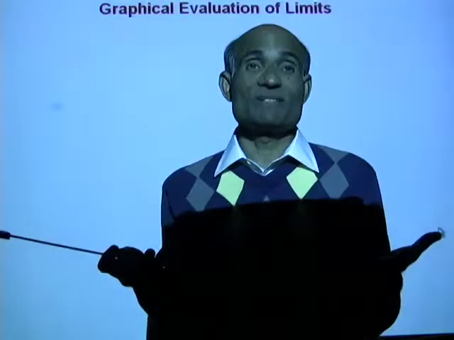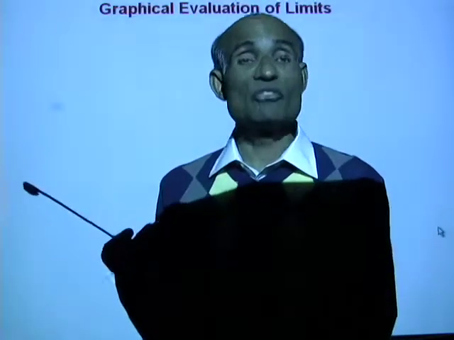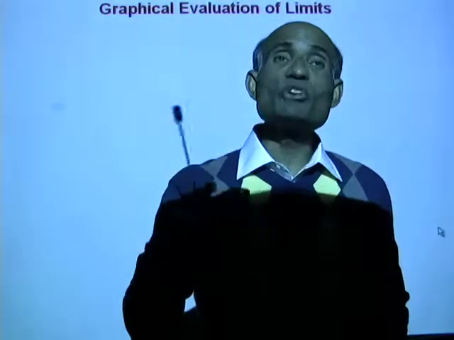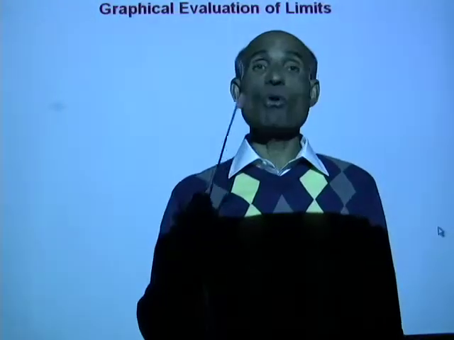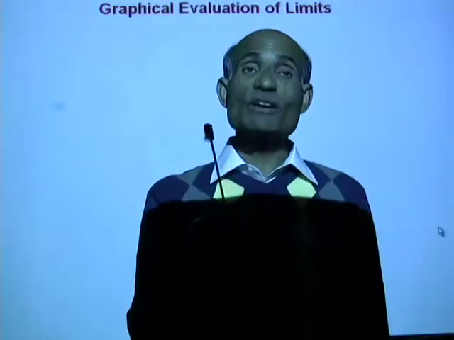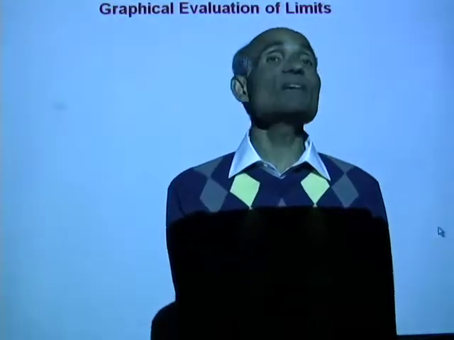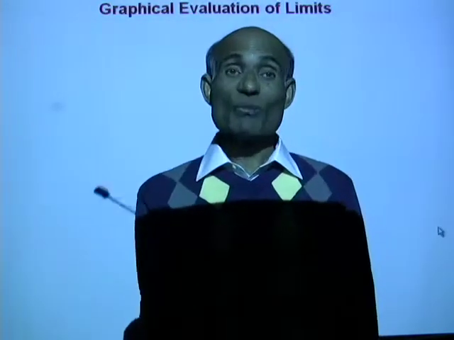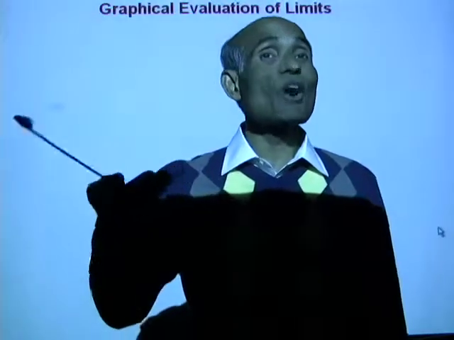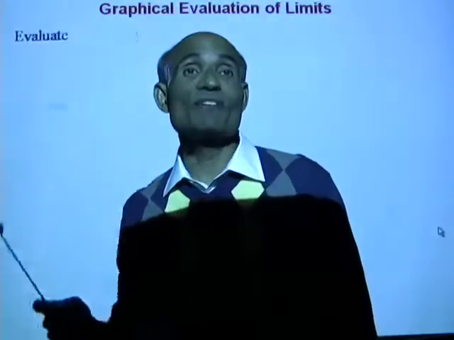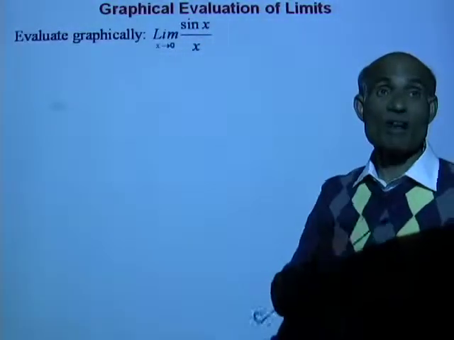Now, we have practiced evaluating limits. In many cases, drawing a graph will be useful to find the limit, although at one look it might appear that the limit does not exist. In many cases, where it appears that the limit may not exist, if you draw a graph, you can figure out the limit very well.